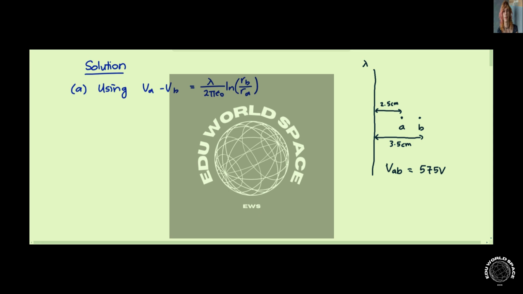One thing we need to take note of is that VA is greater than VB, because A is closer to the wire. Here VA minus VB is 575 volts, RB equals 3.5 cm, and RA equals 2.5 cm.